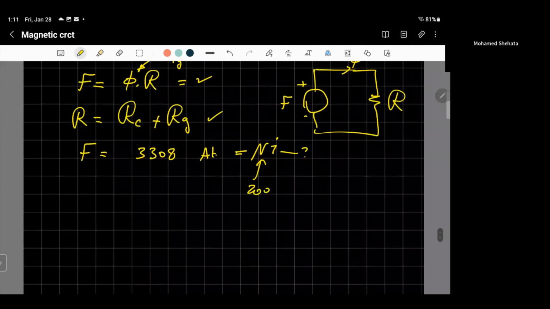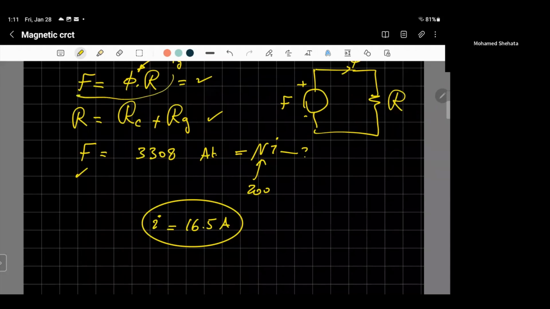So you have N equal to 200, you have F, the magnetomotive force, so you can get I. So I got 16.5 amp. You have to have F. How to get F? Using the equation here. F, like voltage, is phi times R. So you have to have phi, and so on.